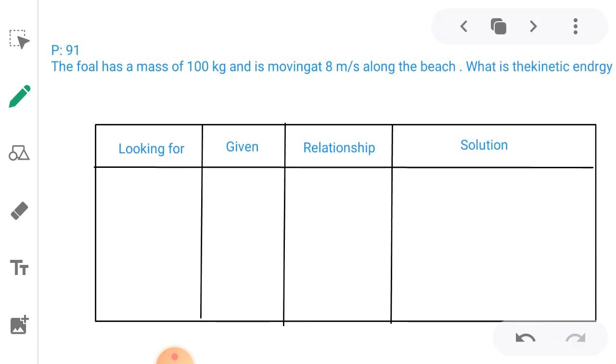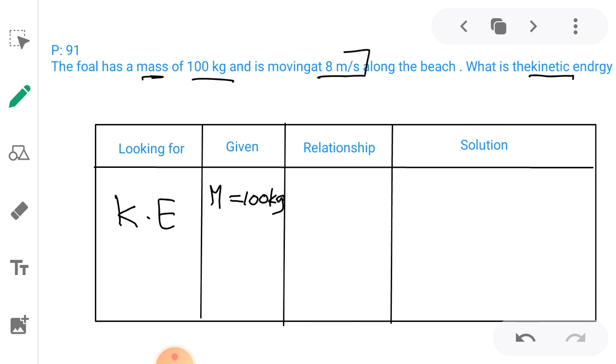So let's take a problem on kinetic energy. The ball has a mass of 100 kilograms and it's moving at 8 meters per second along the beach. What is the kinetic energy of the ball? I'm looking for the question: what is the kinetic energy? So I'm looking for KE. What's given here? 100 kilograms is the mass, so m equals 100 kilograms.